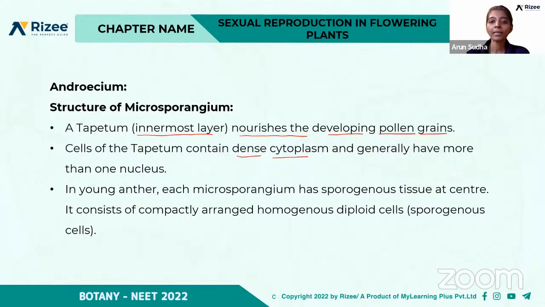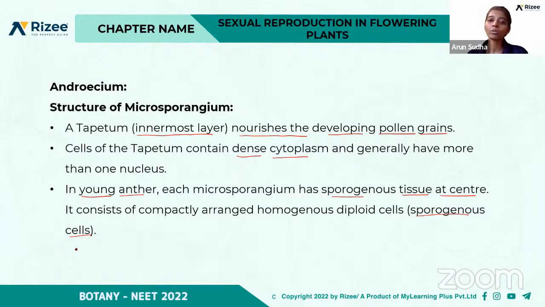If you take a young anther, each microsporangium has a sporogenous tissue at the center, and it consists of compactly arranged cells, which are called sporogenous cells. These sporogenous cells actually act as pollen mother cells.